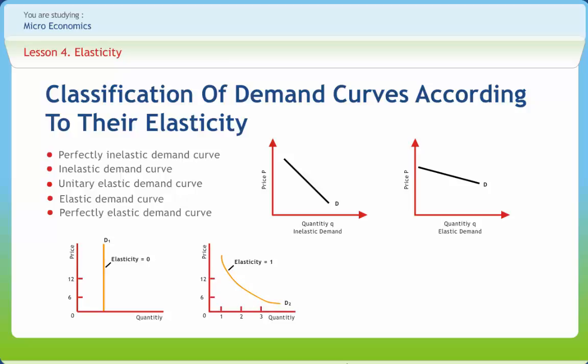A change in price will have no influence on quantity demanded. The demand curve for such a product will be vertical. If the PED is infinity, the good is perfectly elastic. Any change in price will see quantity demanded fall to 0. This demand curve is associated with firms operating in perfectly competitive markets.